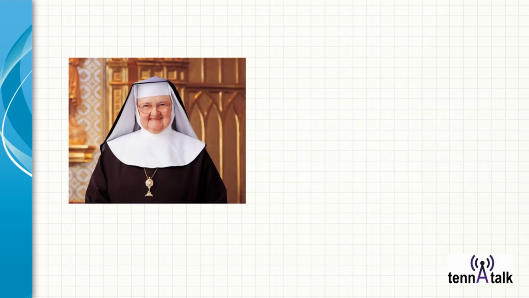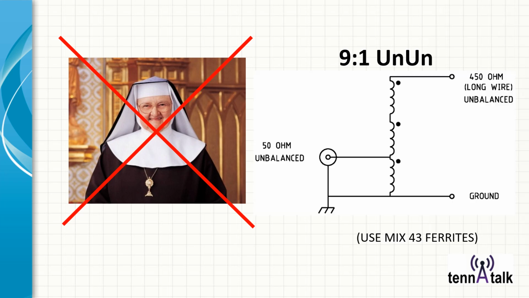Let's talk about an Unun. No, not that kind of an Unun, this kind of an Unun, a 9 to 1 Unun. Now, let's take a look at the ground. The ground here is shared between the input and the output. That tells me I'm an Unun. Unbalanced input, unbalanced output. A long wire, an off-center fed, end-fed half-wave, whatever. And notice I've got 3 equal length coils.